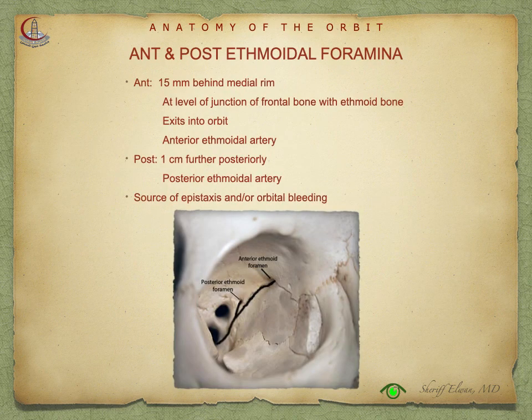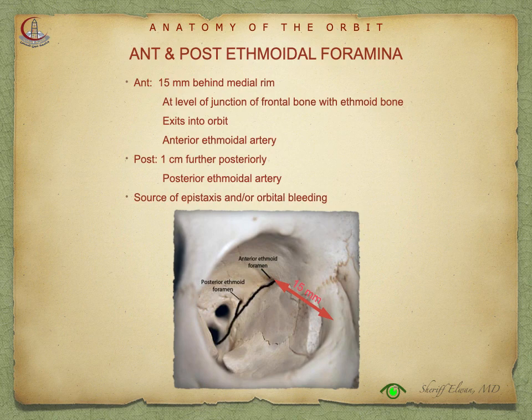The anterior and posterior ethmoidal foramina are two foramina located on the medial orbital wall. The anterior is 15 mm behind the medial rim. It exits at the level of the junction of the frontal bone with the ethmoid bone into the orbit, and it transmits the anterior ethmoidal artery.